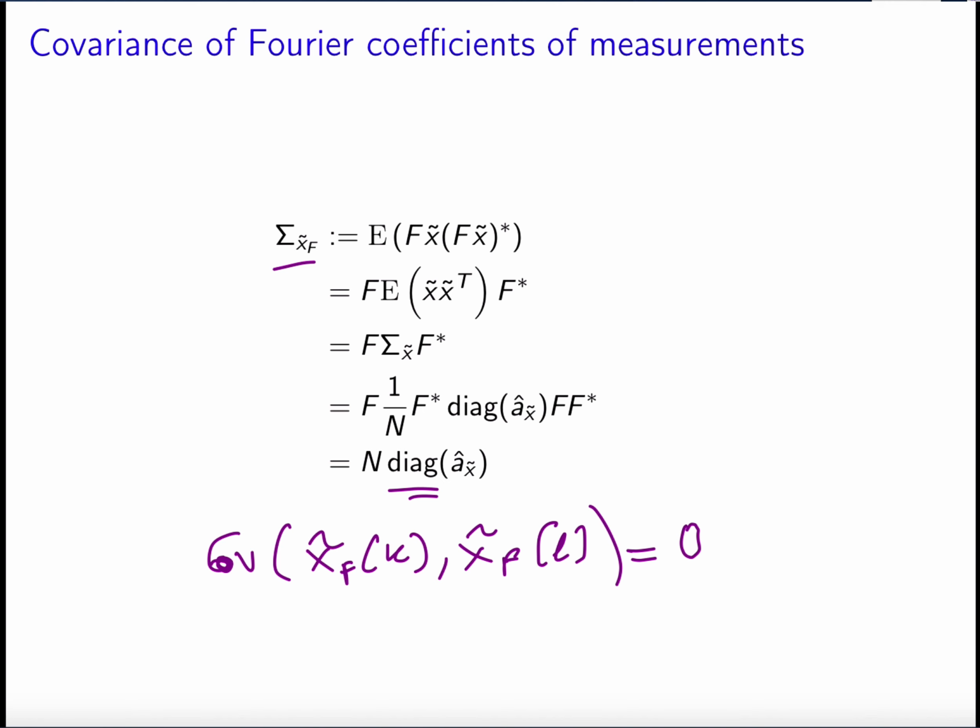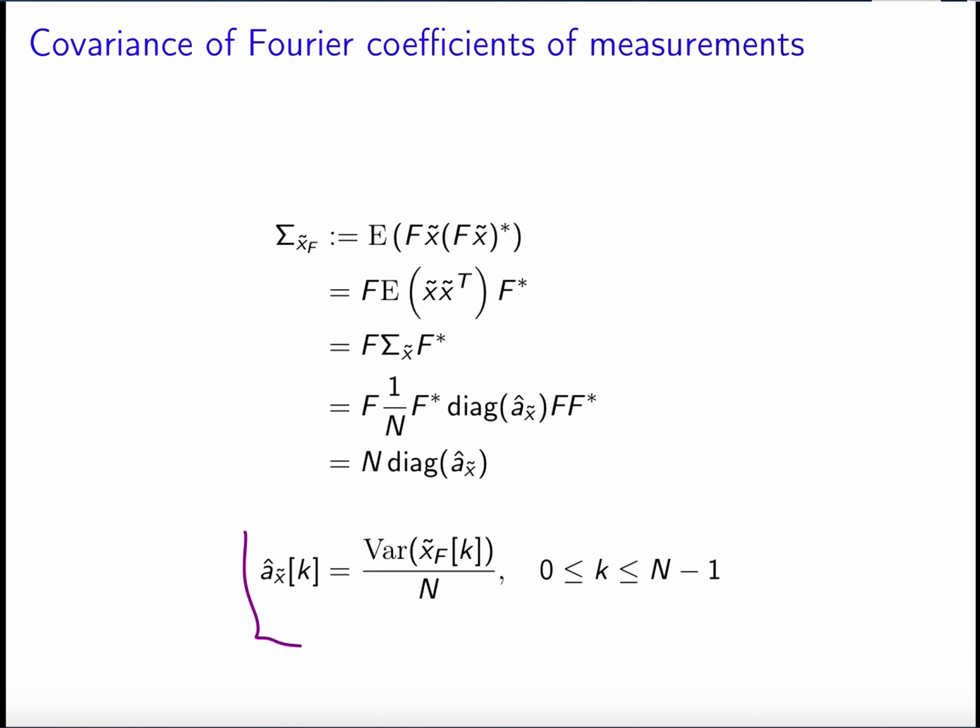Again, that's not immediately obvious. Something else that is really interesting here is that the variance, which is the diagonal of the covariance matrix of the DFT coefficients, is just given by the corresponding DFT coefficients of the autocovariance function. This is not obvious.